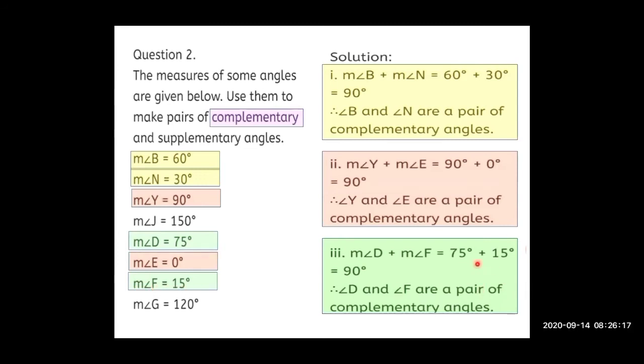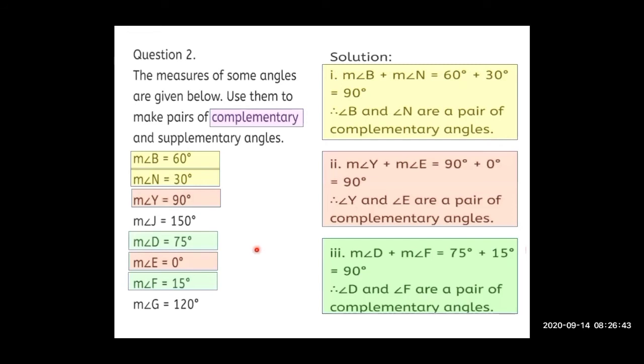So 75 plus 15 equals 90 degree. Therefore, angle D and angle F are a pair of complementary angles. Okay. Now, do we have any more pair of complementary angles here? No.